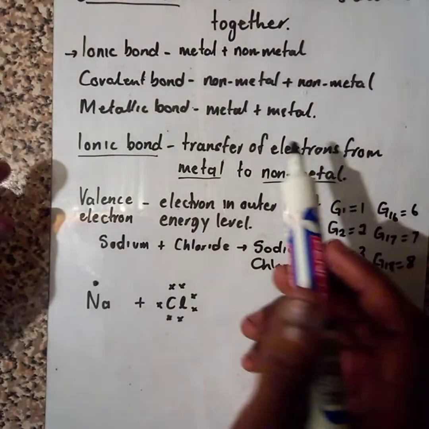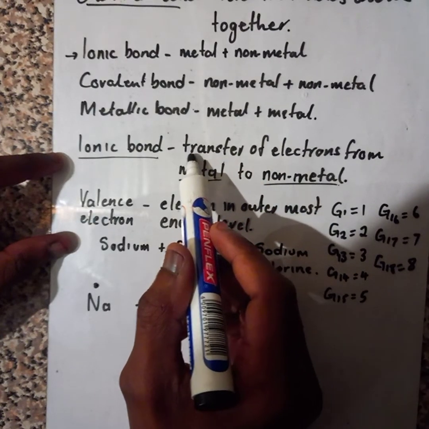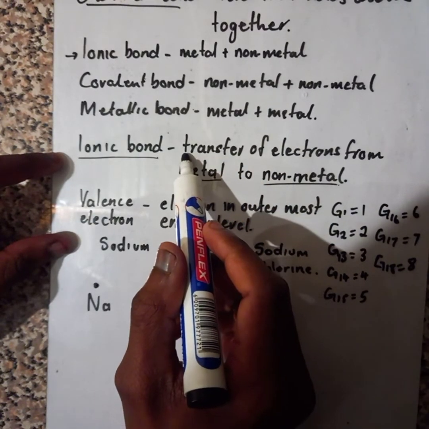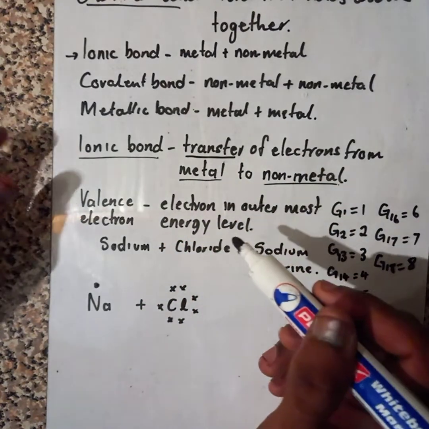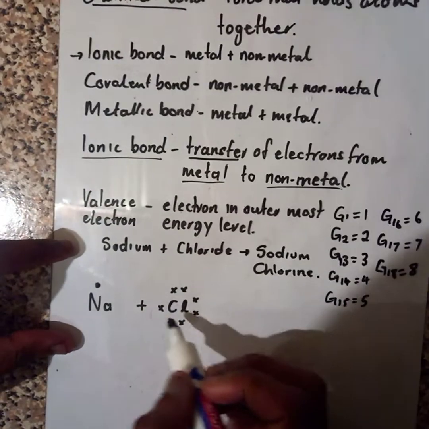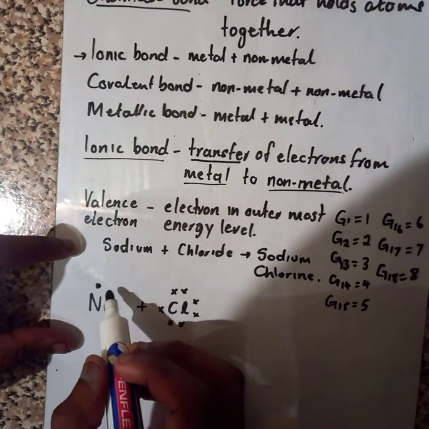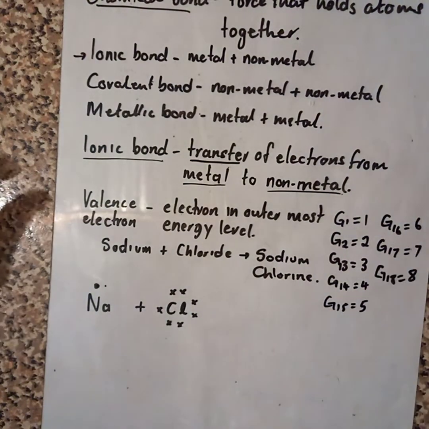Then now, from the definition, we stated clearly that the ionic bonding involves what? The transfer of what? The transfer of electrons. From where now? From metal to non-metal. You see? From metal to non-metal.